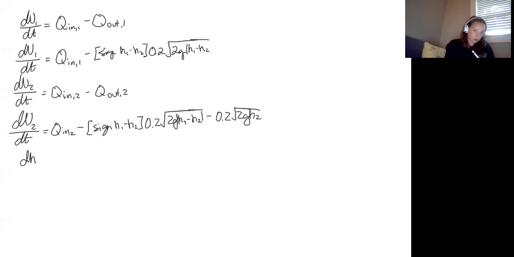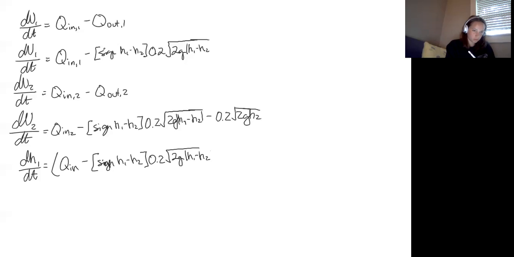So for the first tank, it'll be this. And that's all divided by the cross-sectional area of the tank.